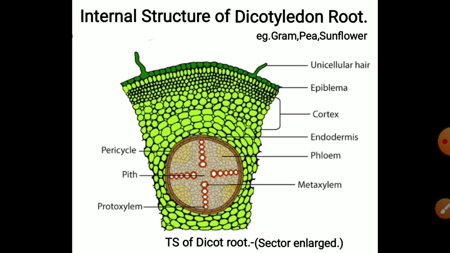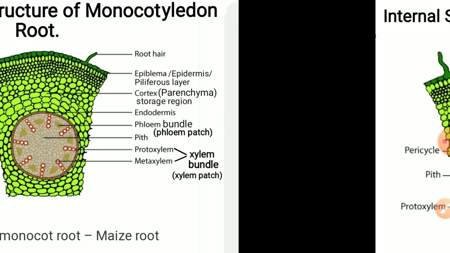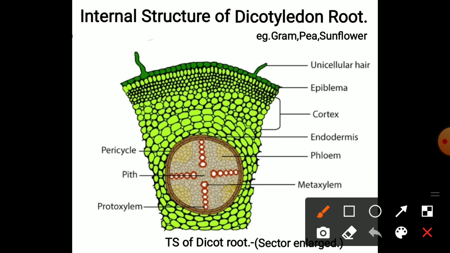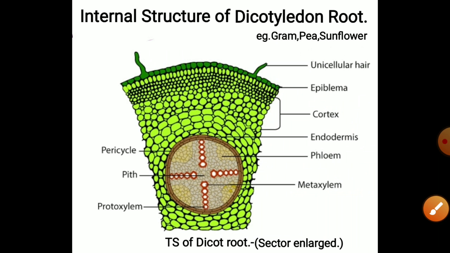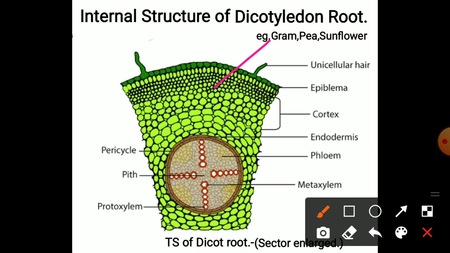Now below this epidermis, there is a region of cortex. These are the parenchyma cells. This is the outer part of the cortex and this is the inner part of the cortex. This cortex is made up of loosely arranged, soft, delicate parenchymatous tissue, which is a storage tissue composing the cortex part of the root.